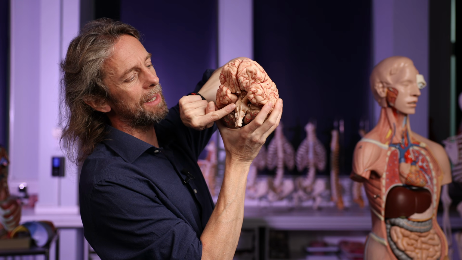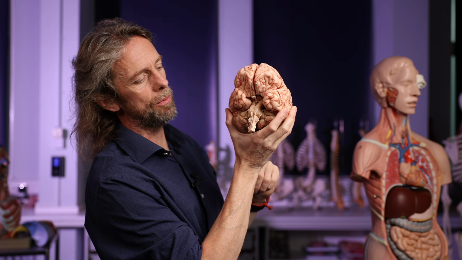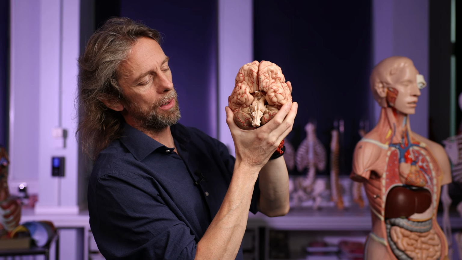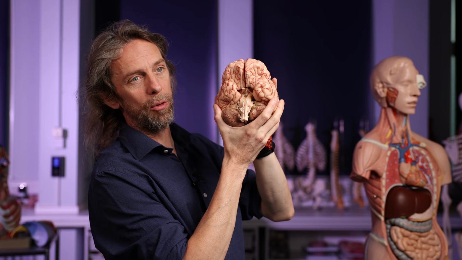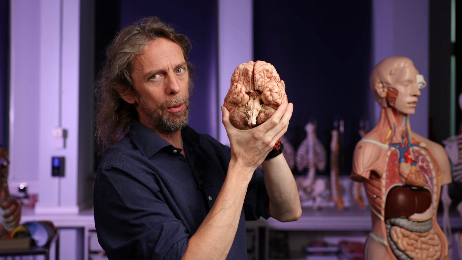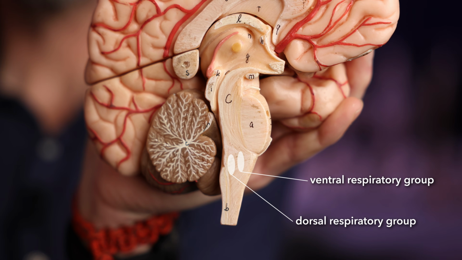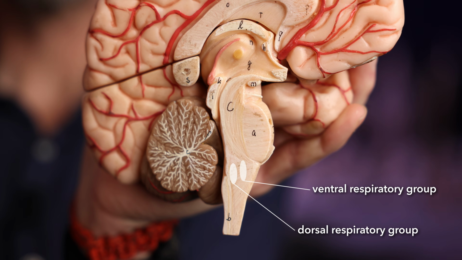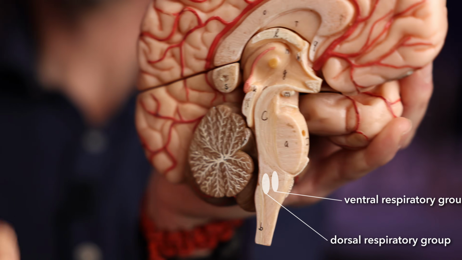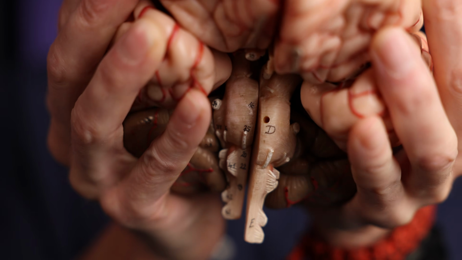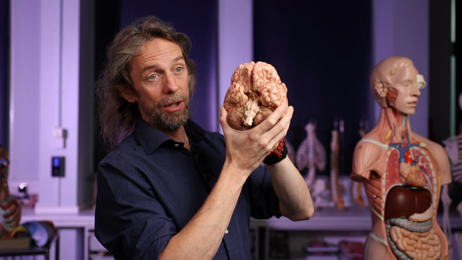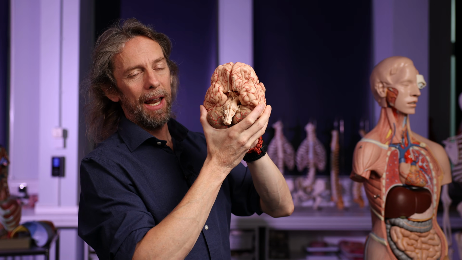So the pneumotaxic and apneustic centers in the pons link to, in the medulla oblongata, a dorsal respiratory group of nuclei and a ventral respiratory group of nuclei. And it's that dorsal respiratory group that are responsible for driving the movements of the diaphragm and the external intercostal muscles for inhalation, and driving that pattern of inhalation and exhalation.